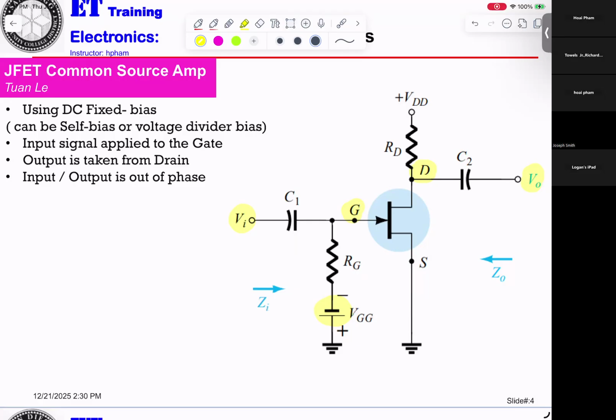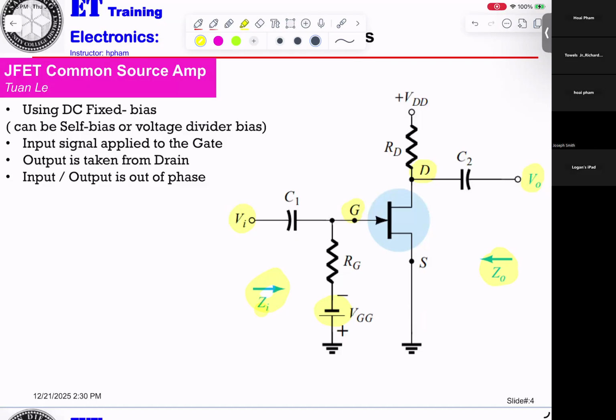And then the next one will be the input impedance and the output impedance. Input impedance means if you're looking into the gate, what impedance is it? That's what they call input impedance. And from the output, looking into the amplifier, they call it output impedance.